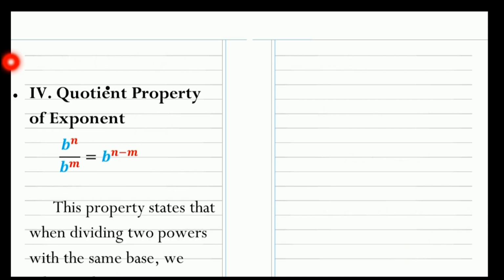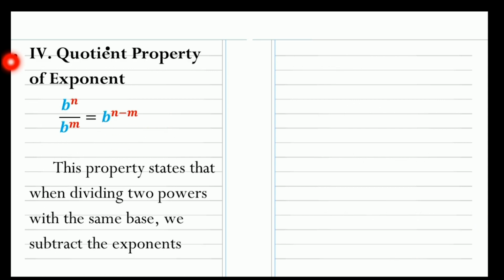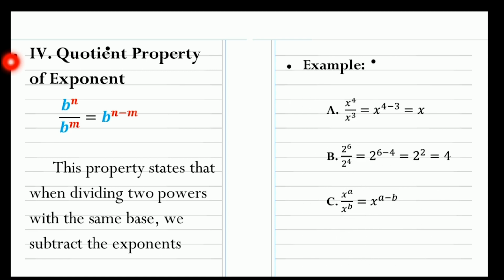Fourth, the quotient property of exponent. b raised to n over b raised to m is equal to b raised to n minus m. This property states that when dividing two powers with the same base, we subtract the exponents.